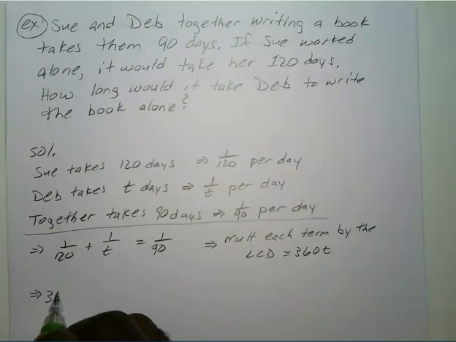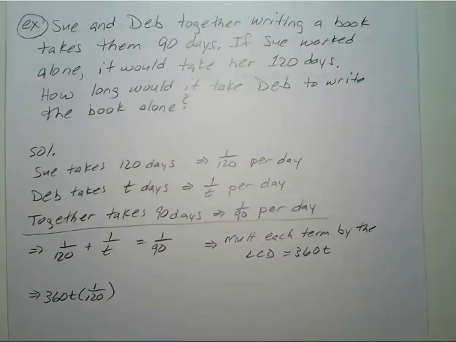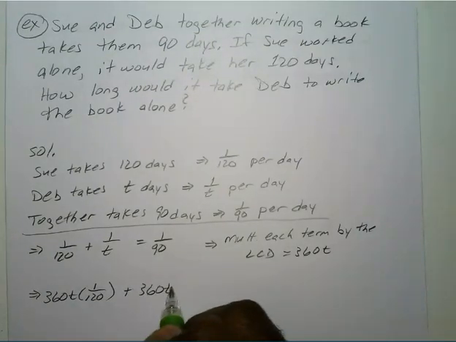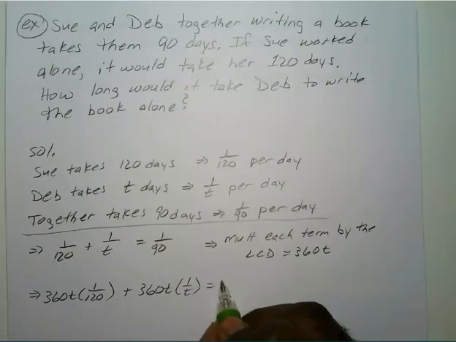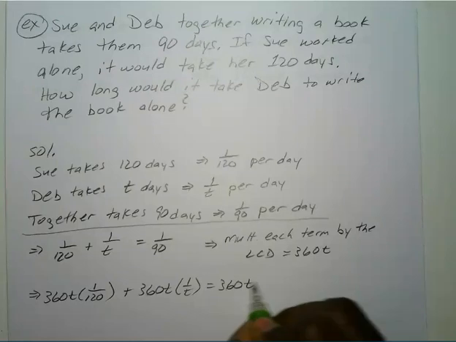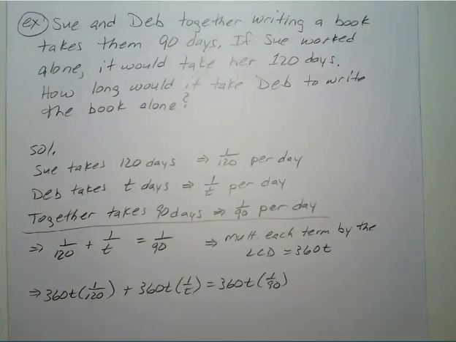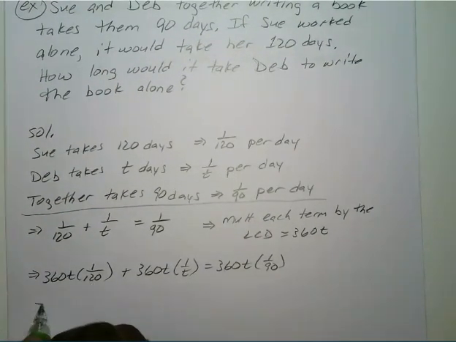Okay, so we multiply 360t by 1/120, plus 360t times 1/t, is equal to 360t times 1/90. We have 360 divided by 120 is 3, so we have 3t here.